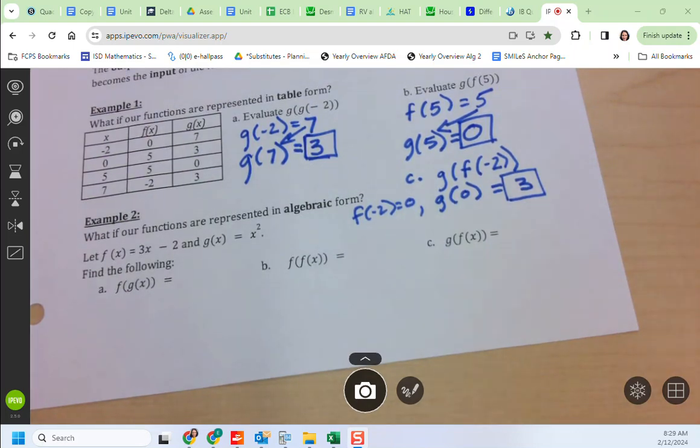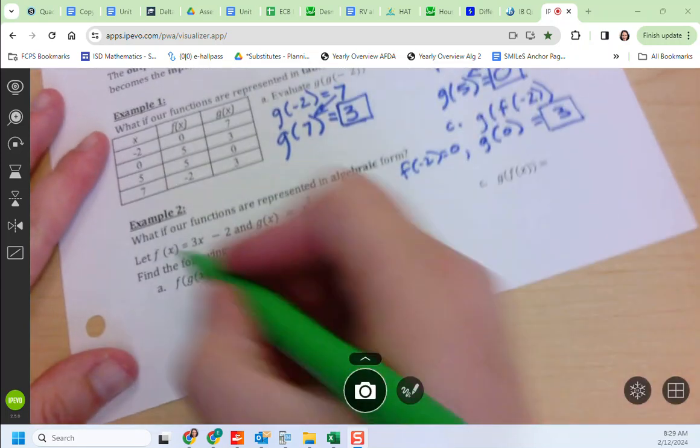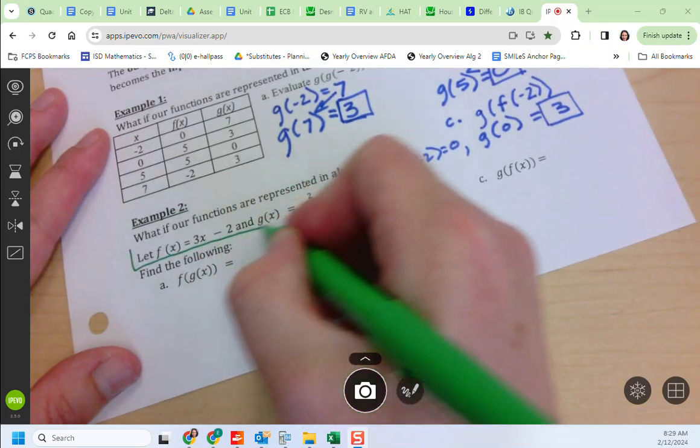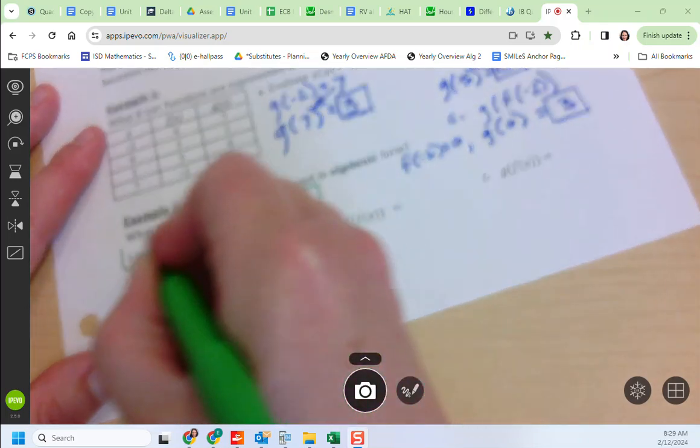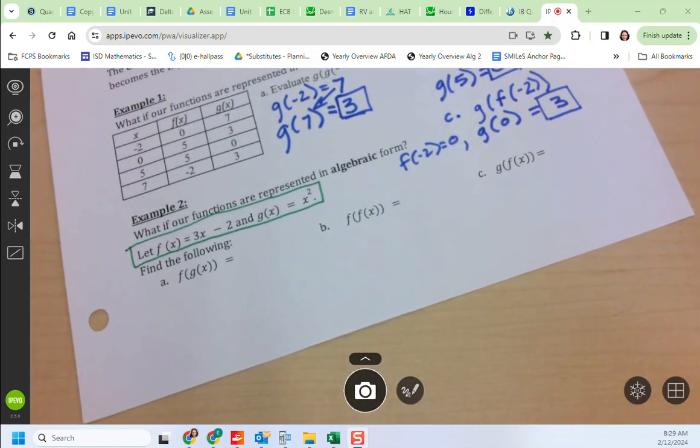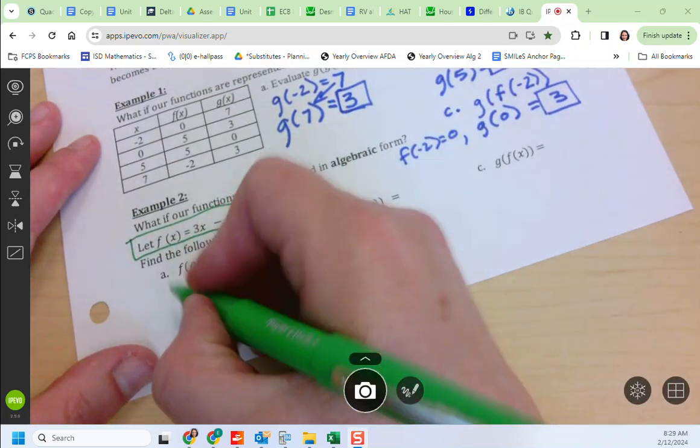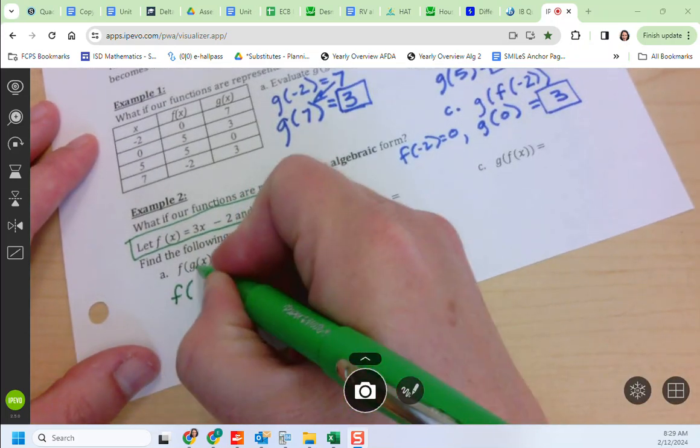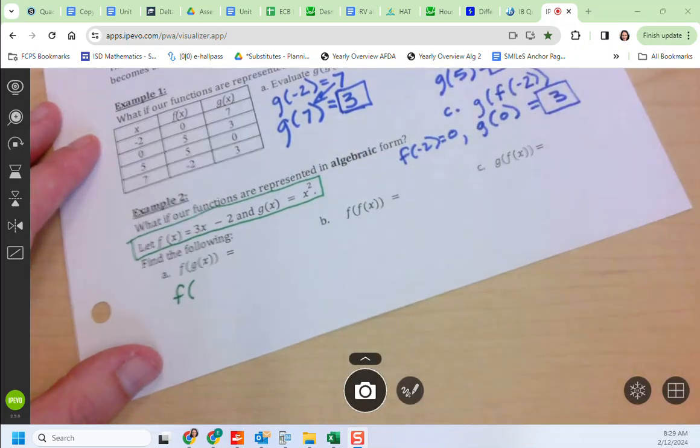All right, new problem. This time, function f is 3x minus 2, and function g is x squared. It's right here. See that? We're doing f of g of x, and we're not going to get a number for our answer. We're going to get an expression. So that means we're doing f of, instead of g of x, we can put in x squared.